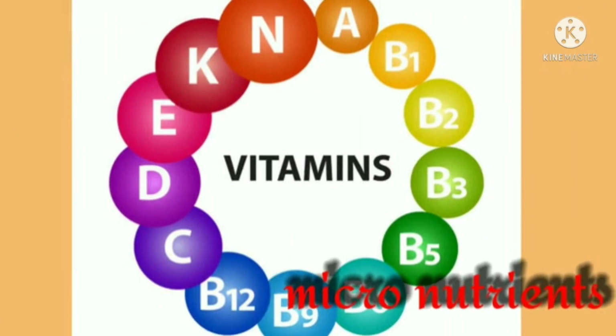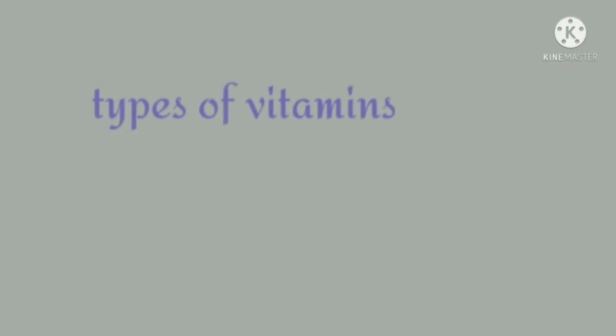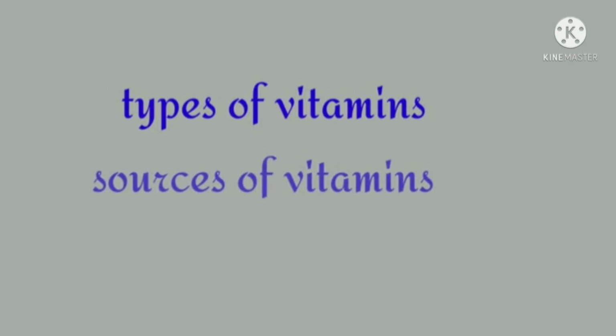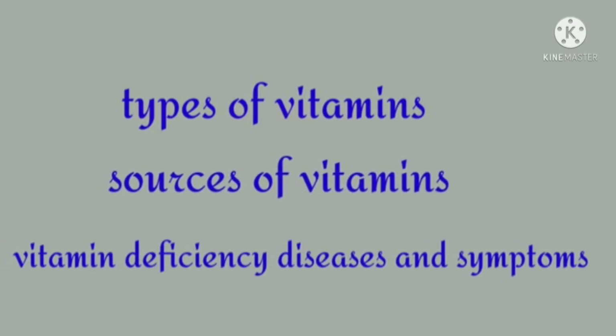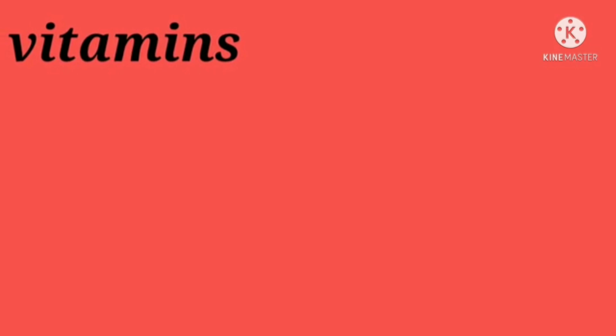Vitamins, the micronutrients. By this video, we are going to learn about types of vitamins, sources of vitamins, and vitamin deficiency diseases and symptoms. A vitamin is an organic molecule that is an essential micronutrient.